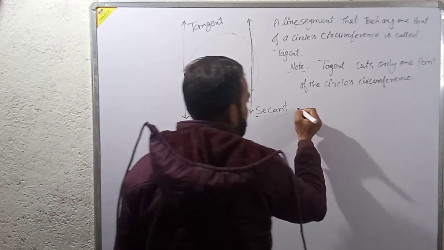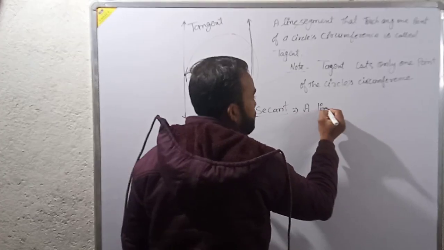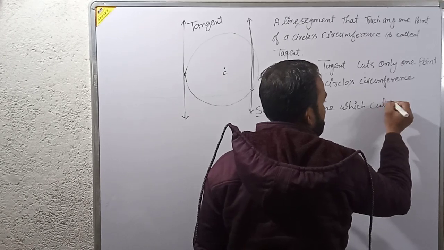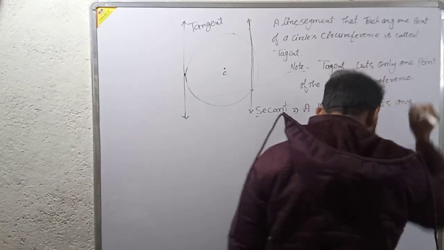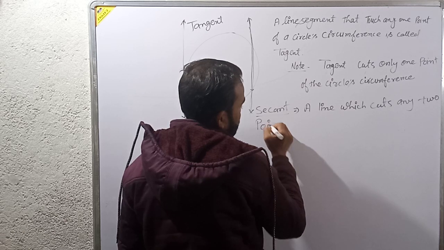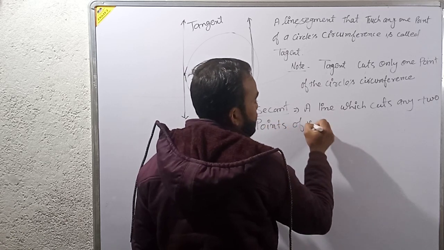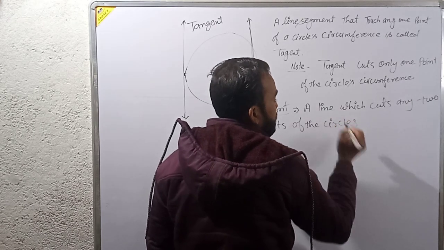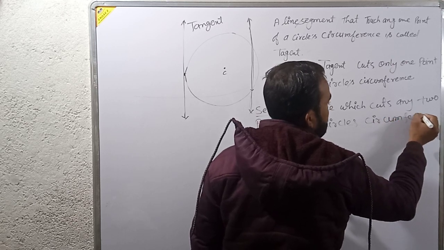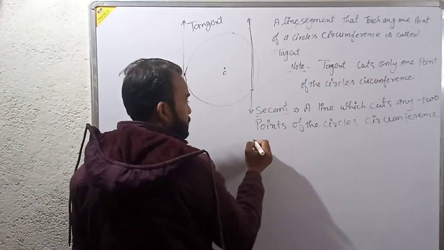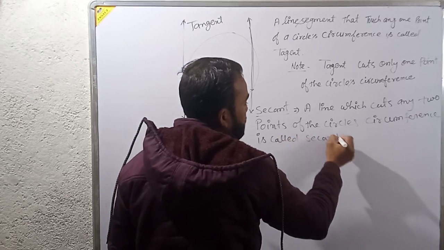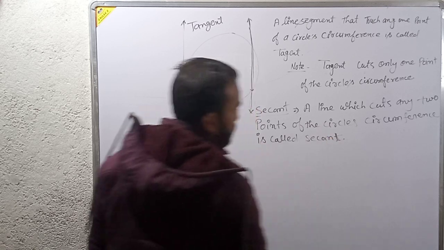That means a line which cuts any 2 points of the circle's circumference is called a secant. Clear?